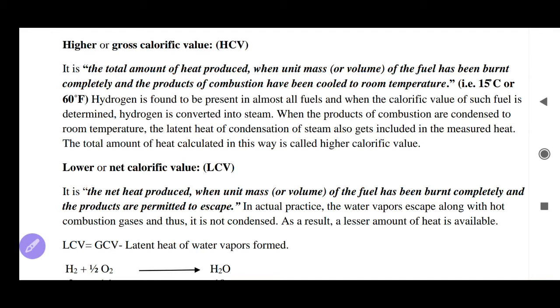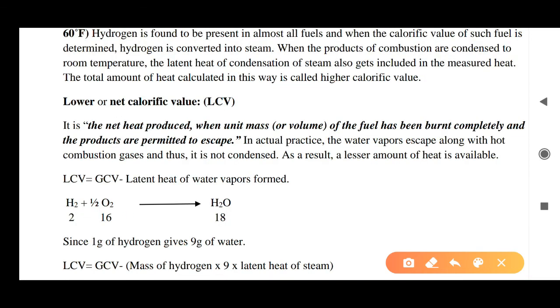Here you can read the definitions. HCV is the total amount of heat produced when unit mass of fuel has been burned completely and the products of combustion have been cooled to room temperature. And the definition of LCV is the net heat produced when unit mass of the fuel has been burned completely and the products are permitted to escape.